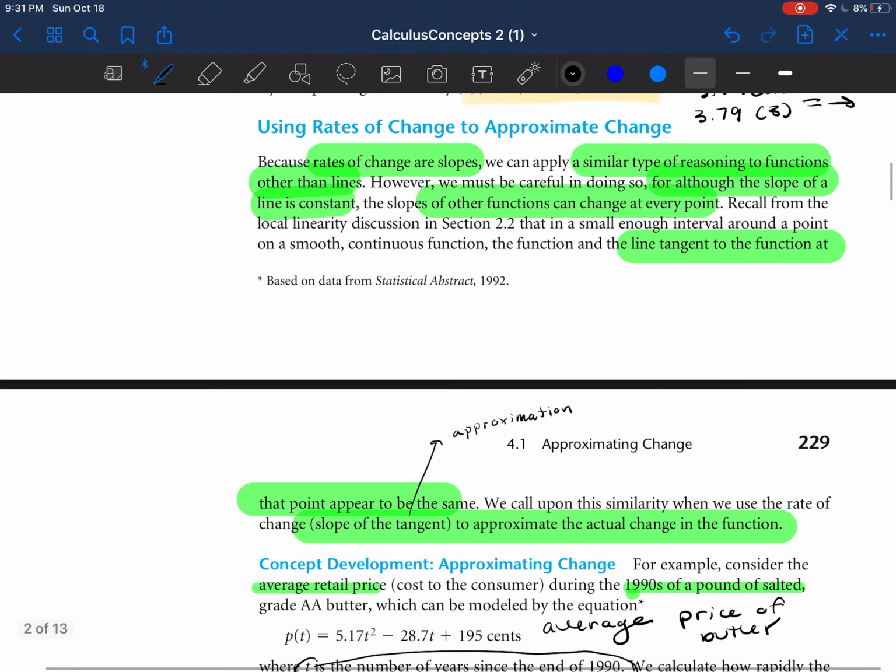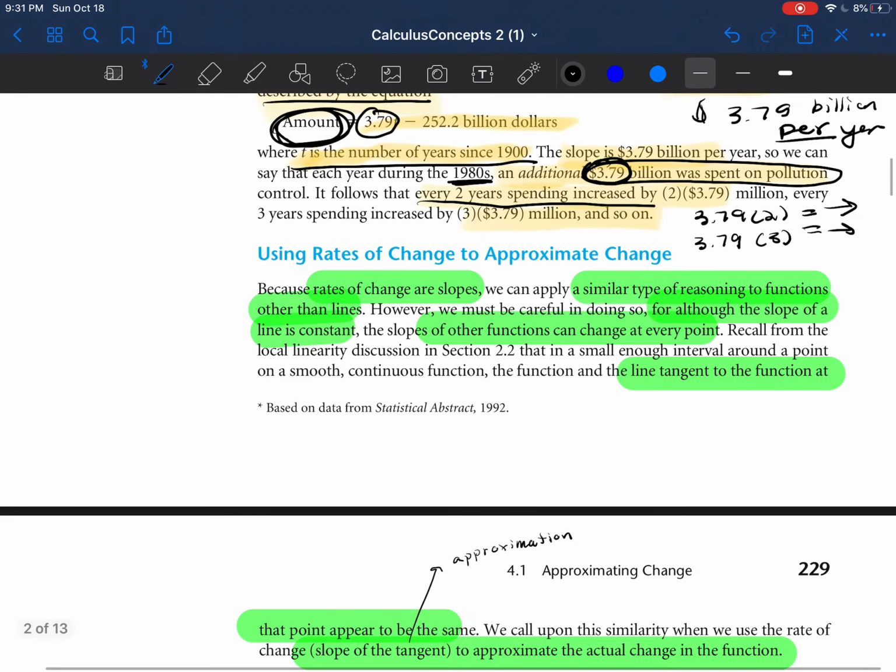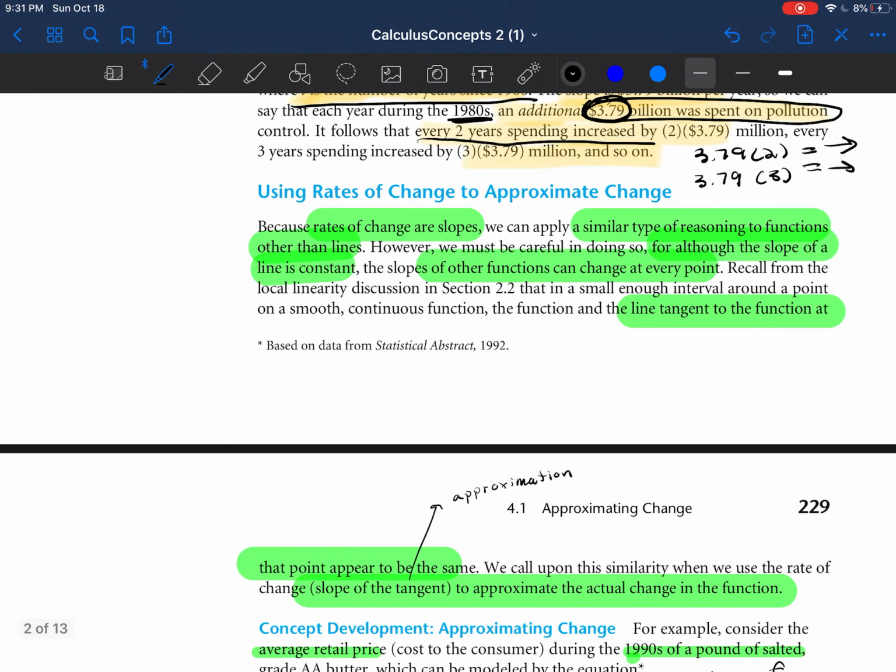The problem with this is that the rate of change, these slopes, is only an approximation, because the slope of the function may not be the same everywhere. If you find the point of tangency here, if you find the derivative here, let's say your derivative has a slope of 1, okay, that's good.